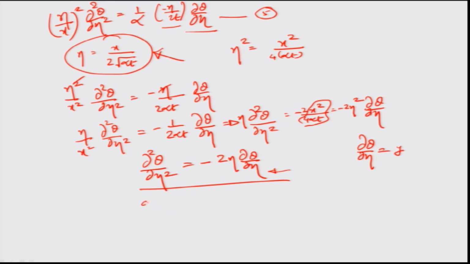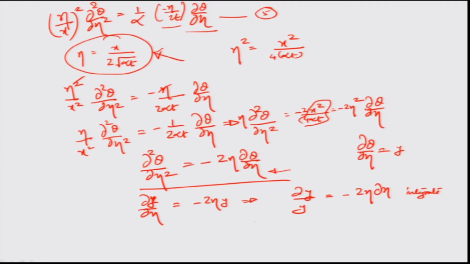So we have del y by del eta equals minus twice eta times y. We can easily solve this by taking y on the other side and making it equal to twice eta del eta, and we integrate on both sides.